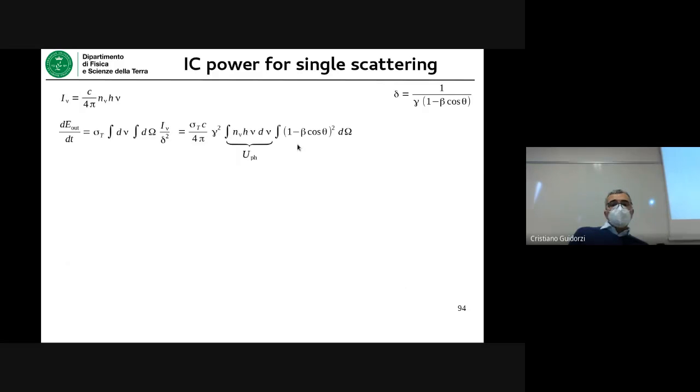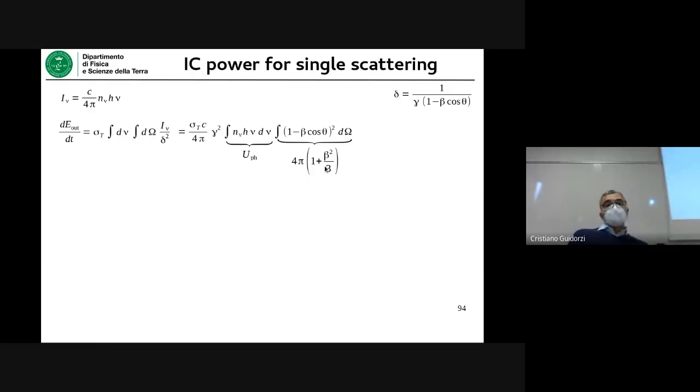And this guy here, well, this is just something for kids. If you calculate this, you see there's just a dependence on the polar angle. So you have 2 pi, and then if you integrate, you see that the mixed product cos theta just vanishes. You have just 2 terms. I invite you to make sure that this integral is indeed 4 pi times 1 plus beta squared over 3.